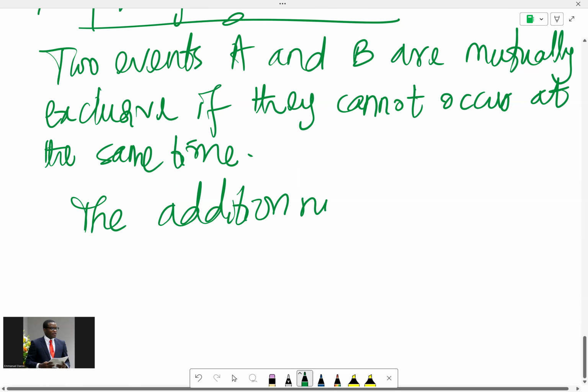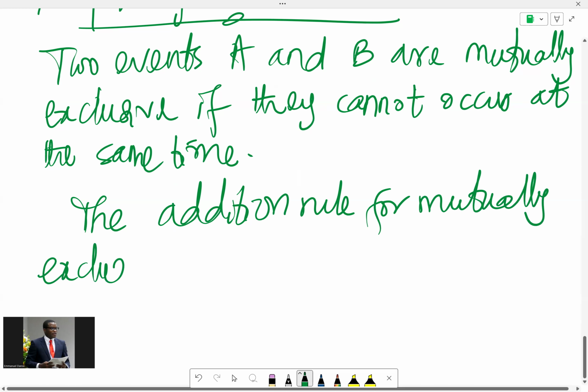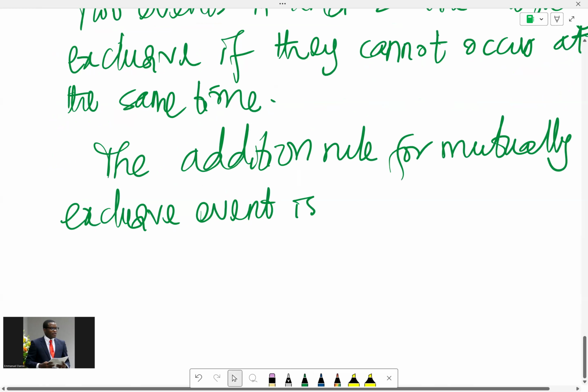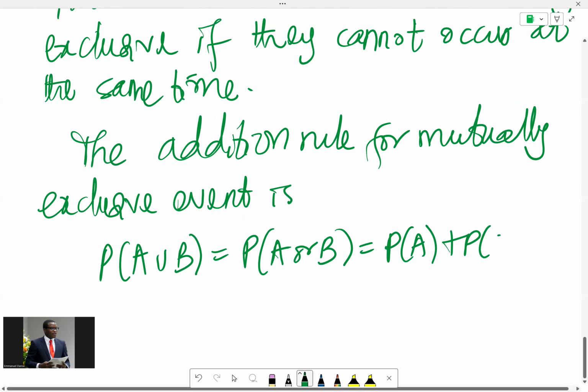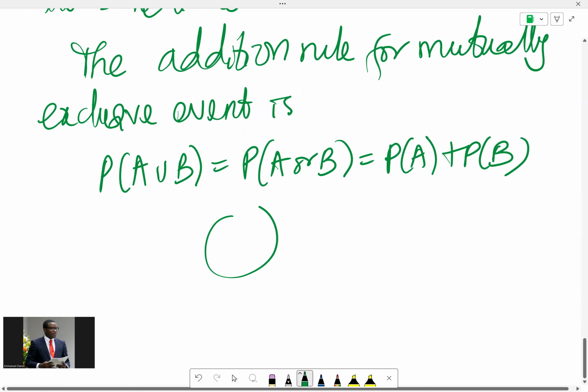So the addition rule for mutually exclusive events, in that case, will simply be probability A union B, which is equal to probability A or B, like I like to say, is the same thing as probability of A plus probability of B. Since A and B do not have anything in common, you have A happening here and you have B happening separately.